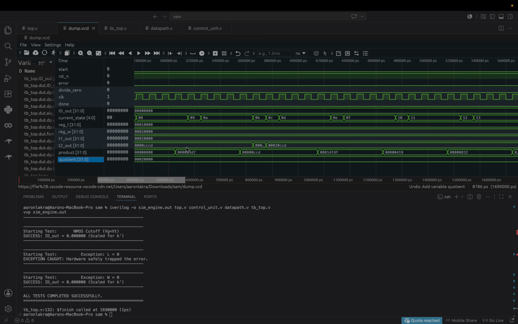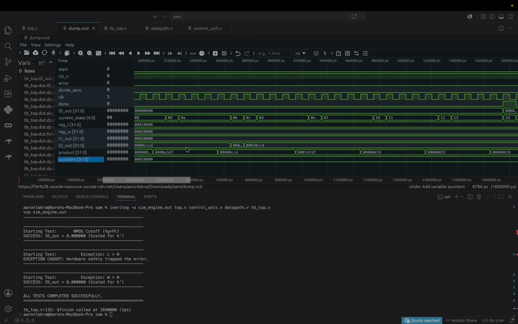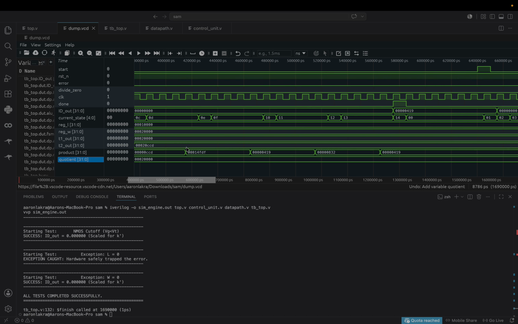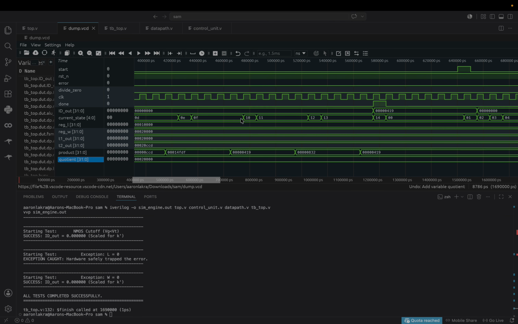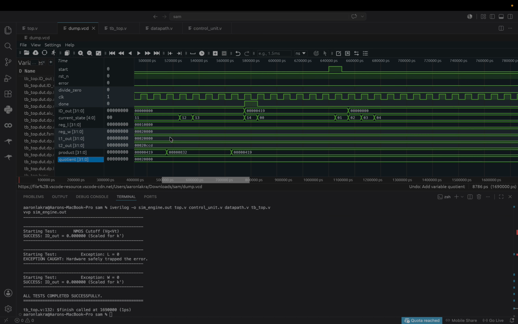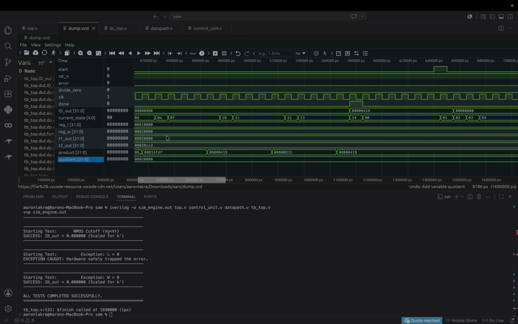So this is the simulation, and as you can see, the digital design determines whether it needs to go back to a certain state, for example the calculation of the squared value, or division, or an add or a minus operation, and it can switch accordingly.